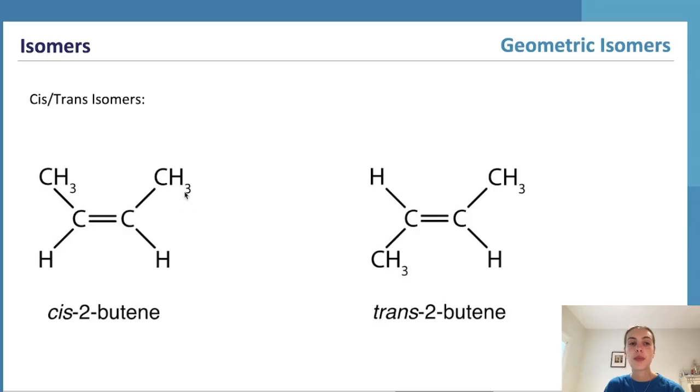So the cis isomers are going to have the carbon groups on the same side and the hydrogen groups on the same side, whereas the trans isomers are going to have the carbon groups on opposite sides and the hydrogen groups on opposite sides. And so these types of geometric isomers will only occur when there has been a double bond within a molecule.